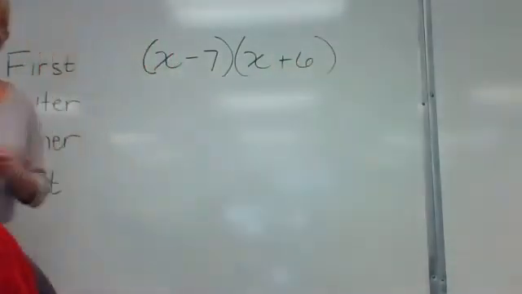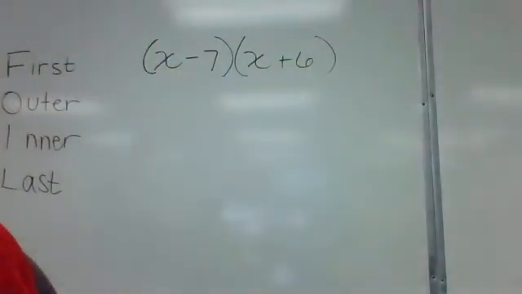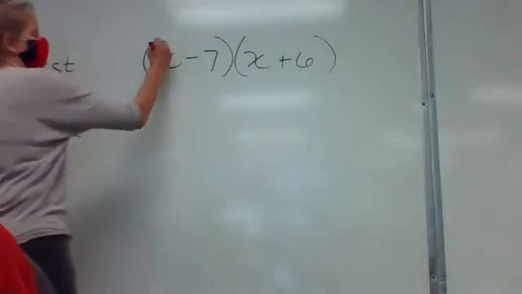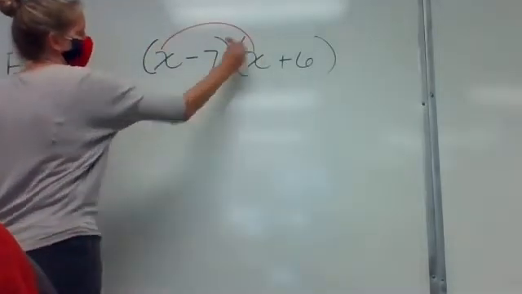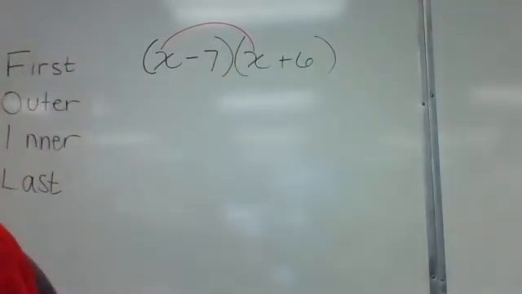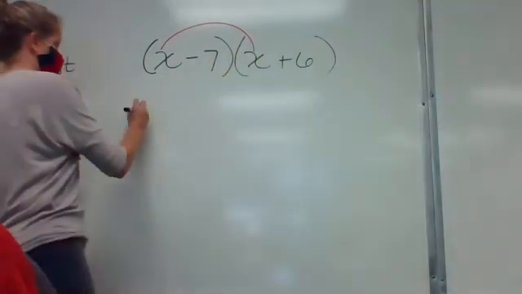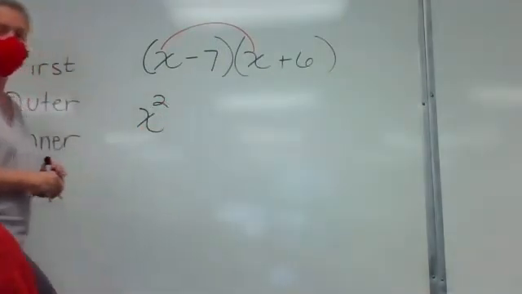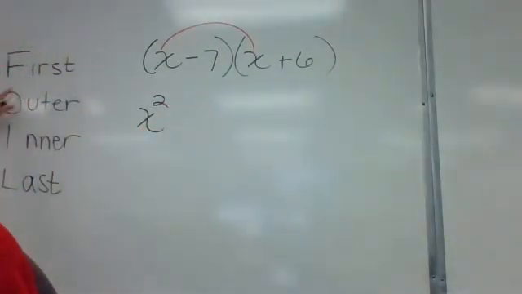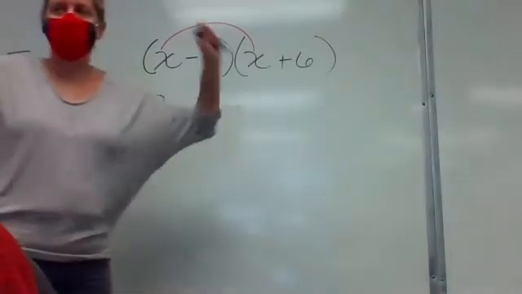Careful with your signs here. So first, x times x, which gives you x squared. What's after first? The outer. What does outer mean?